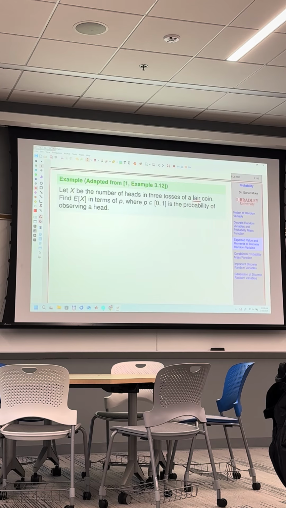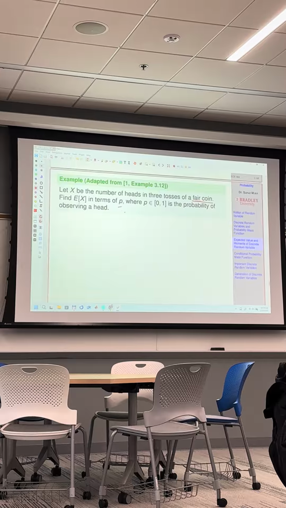The keyword here is fair coin. Find the expected value of random variable x in terms of p, where p can take any value from 0 to 1. p is the probability of observing a head, which means the success probability.